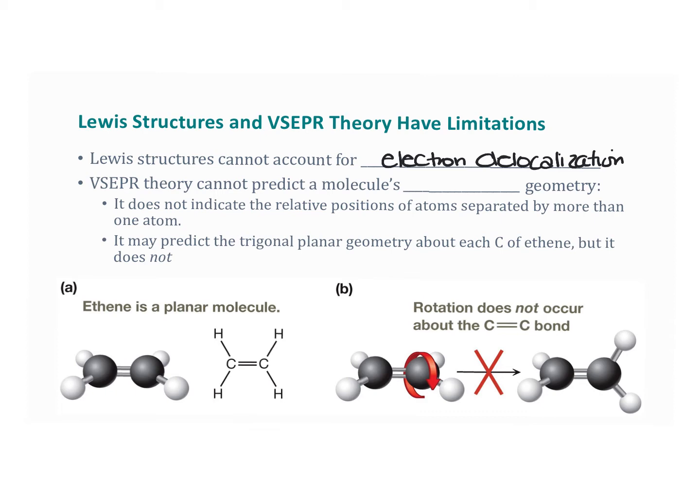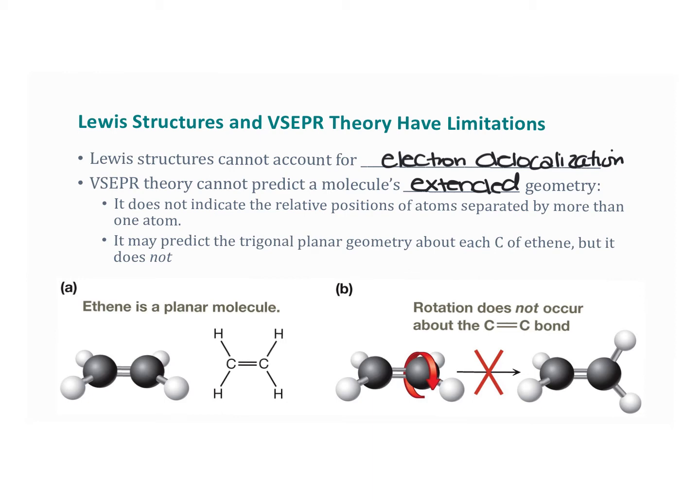Now, let's talk about VSEPR for a second. VSEPR theory cannot predict a molecule's extended geometry. For example, it does not indicate the relative positions of atoms separated by more than one atom.